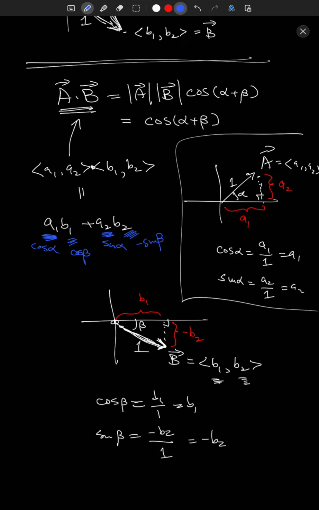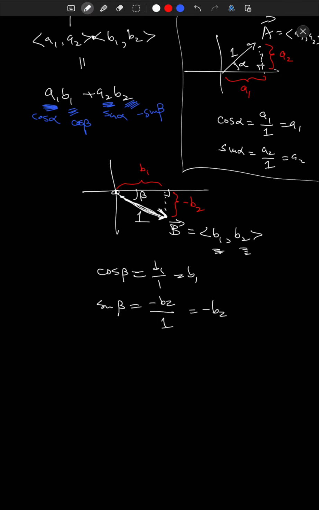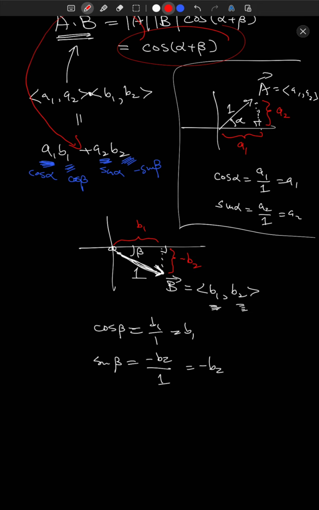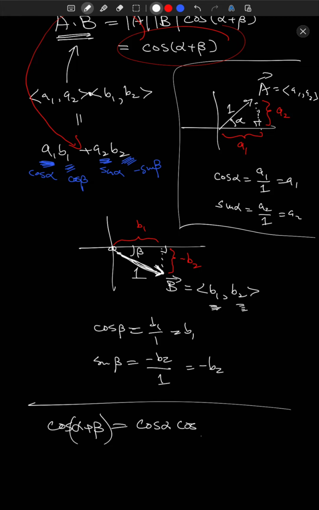All right. Now, if we put all those together, what do we have? Well, on the right-hand side, we had cosine alpha plus beta. And that ultimately was equal to this guy here, right? So let me write that again down here. That's cosine of alpha plus beta is equal to cosine alpha, cosine beta, right?